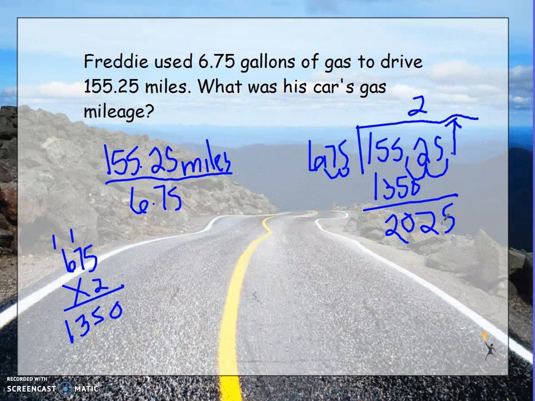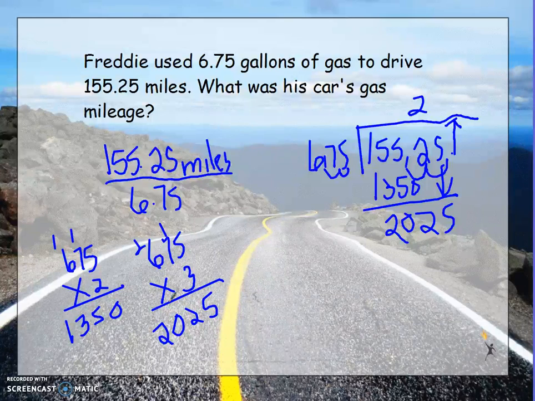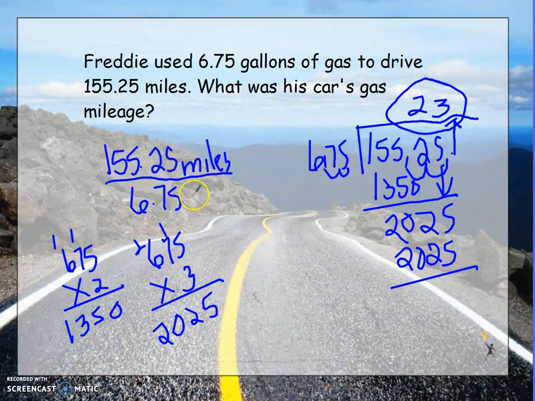Then we're going to bring down our 5. We're going to try 3 times. 3 times 5 is 15. 3 times 7 is 21, plus 1 is 22. 6 times 3 is 18, plus 2 is 20. So that's going to go in there nice and even. So we have 23 miles per gallon.